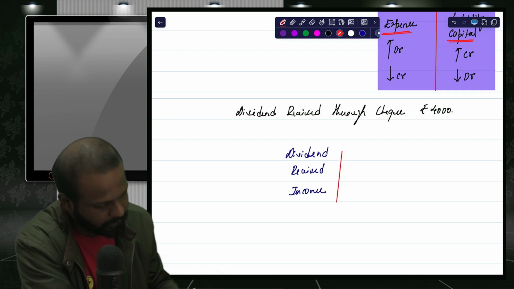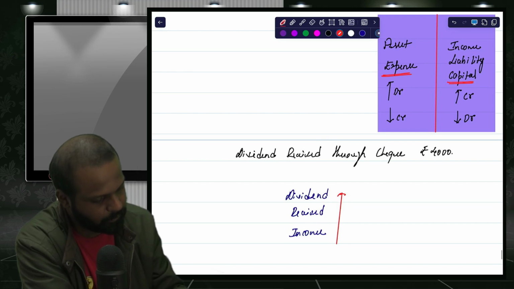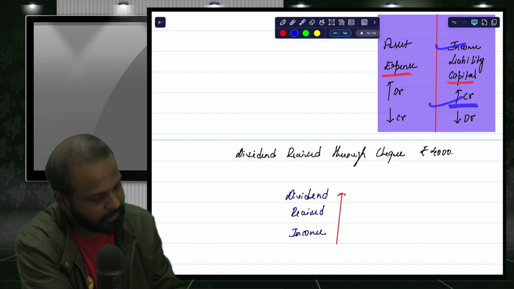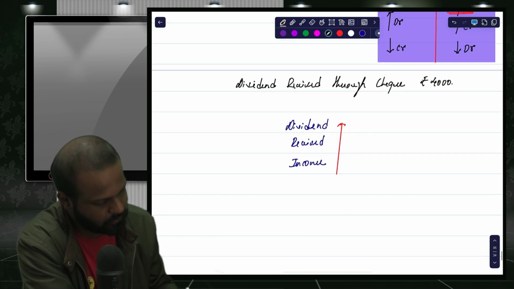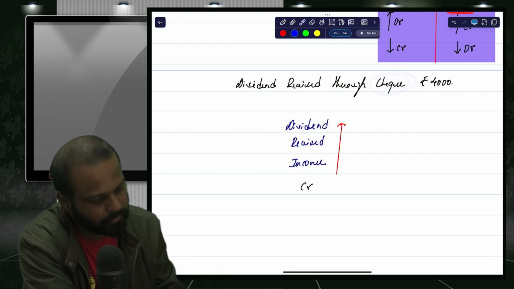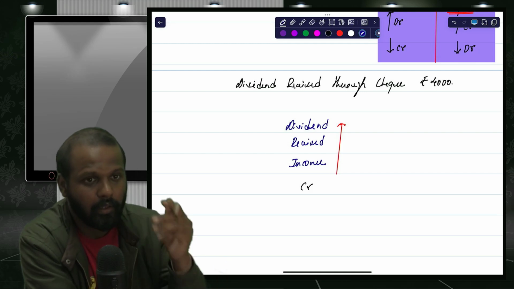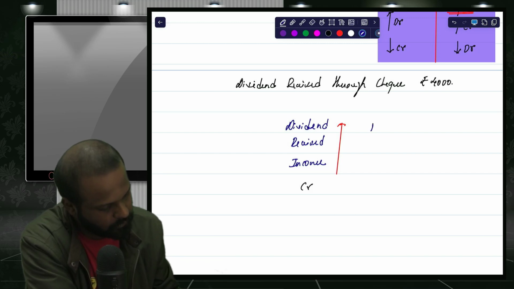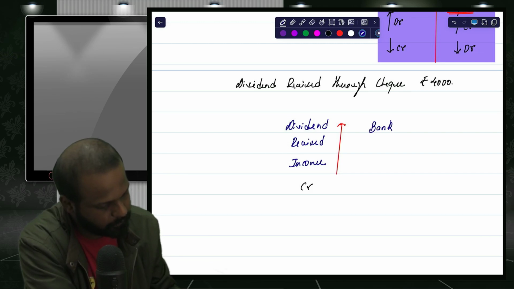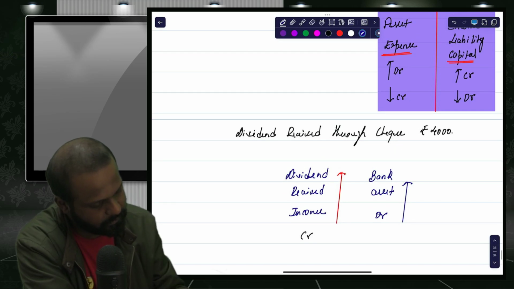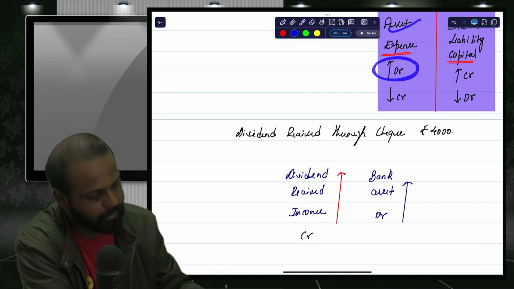And to create or increase an income, we do credit. Income increases, credit. And you have received this through check. If you have received this through check, you receive the check and deposit it into the bank account. Your bank balance will increase. So the business bank balance will increase. Bank balance is an asset. Asset increases, we do debit.